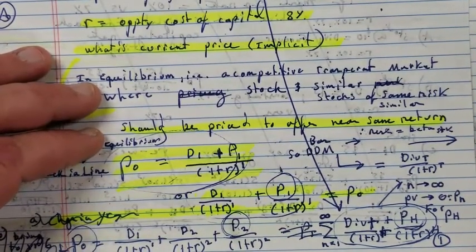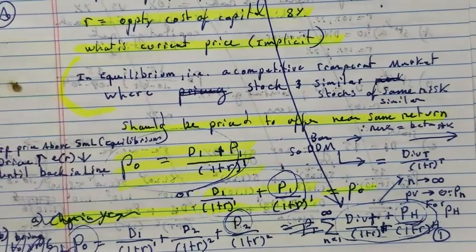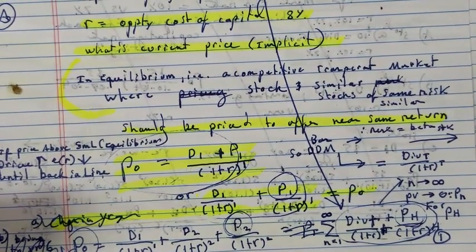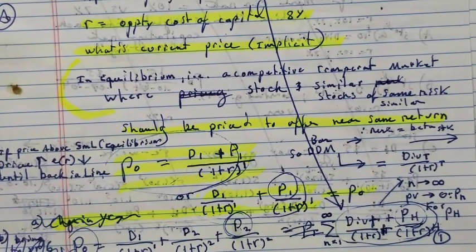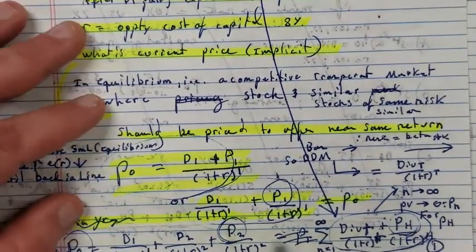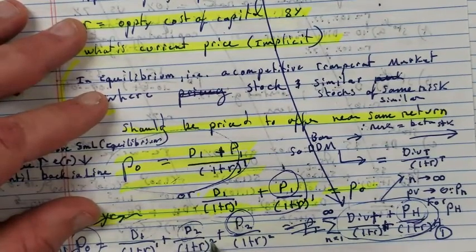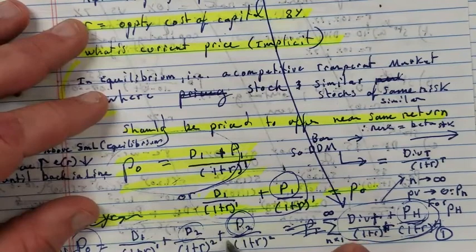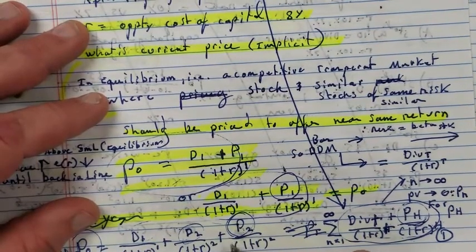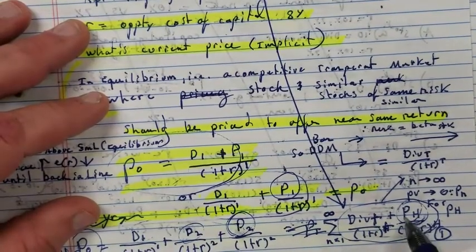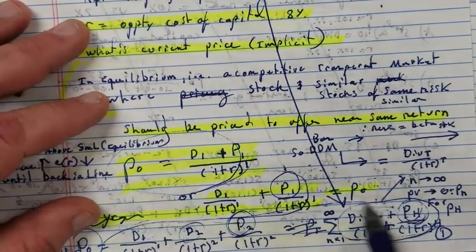So the whole gist of this is that the present value of a stock price, or the value of a common stock price, is just looking at all the future expected dividends going out. And once the dividends start to settle into a regular growth rate, that's when we take the horizon value. That actually is the key.